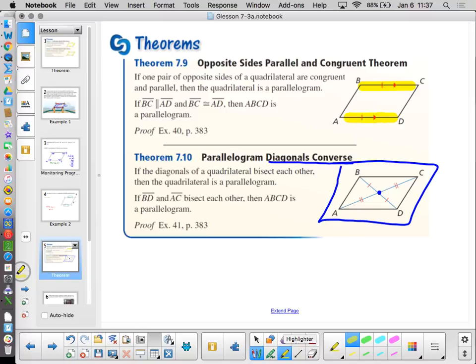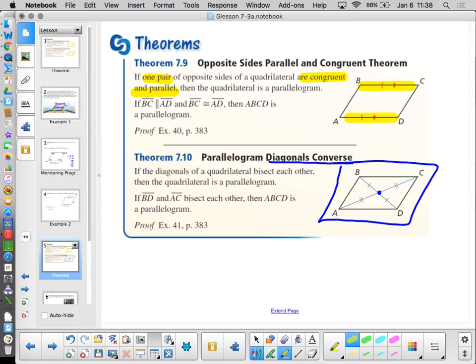If one pair of opposite sides are both parallel and congruent, then it must be a parallelogram.